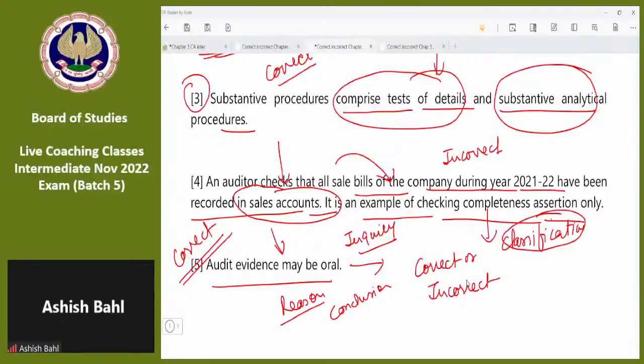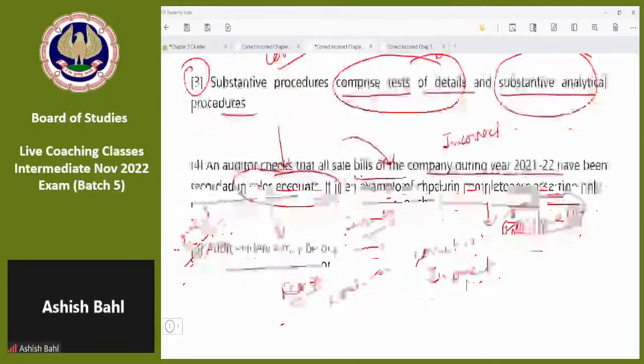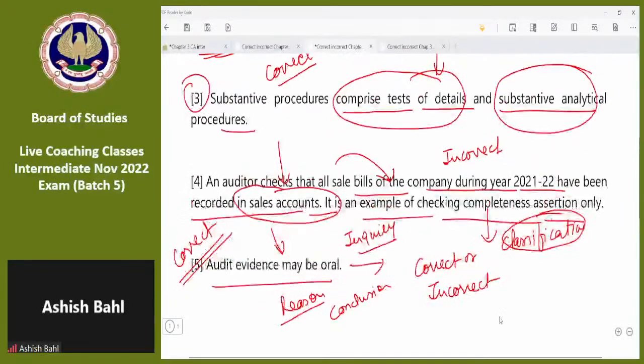So guys, sometimes a very simple question is there in our mind, but we answer it wrongly due to the haste with which we try to write the answers. So we will also do some more MCQs, guys.